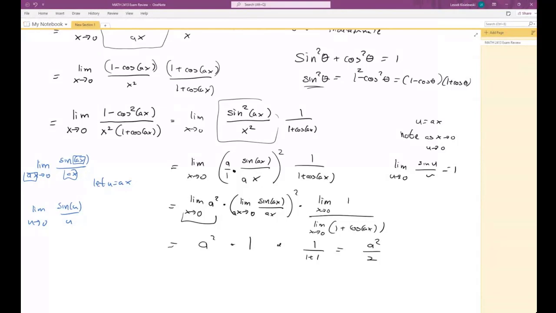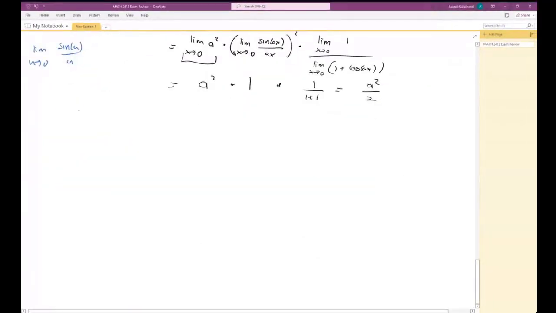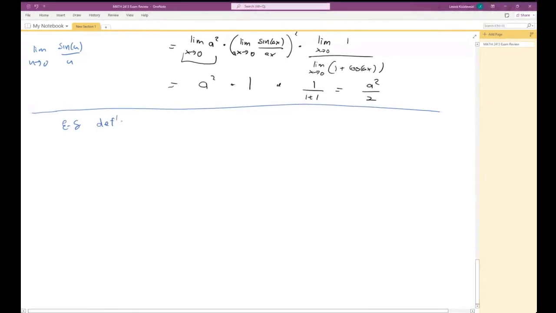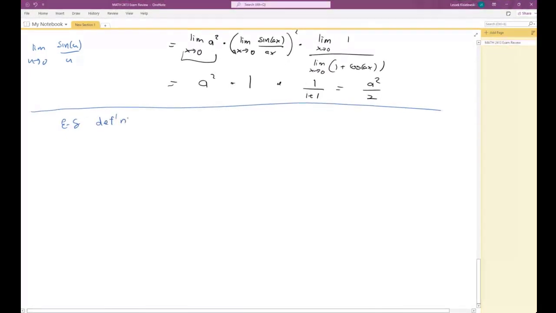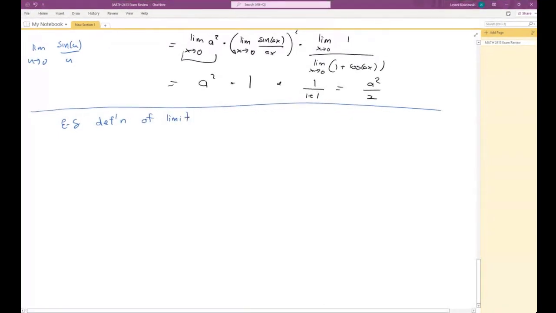All right. So we know that there's a precise definition of a limit using epsilon delta. So this is the epsilon delta definition of limit. Okay.